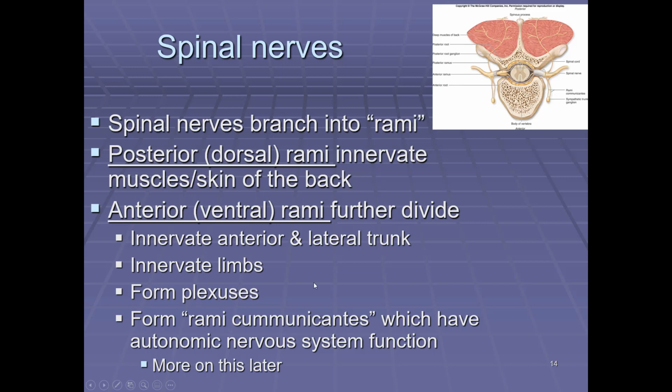A plexus is just like a network of nerves. So some of these spinal nerves intermingle with other spinal nerves and form this network. Those are called plexuses. We have 4 major plexuses in the body, and out of those plexuses are going to come specific nerves with names that go to muscles that we've talked about before, let's say the biceps brachii. We'll talk about that shortly.